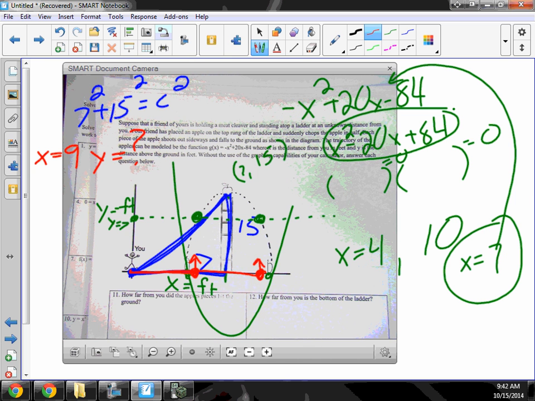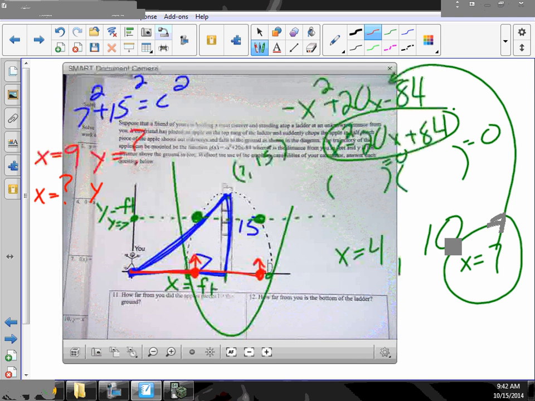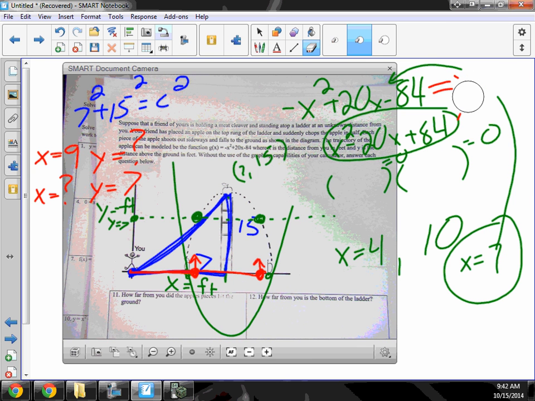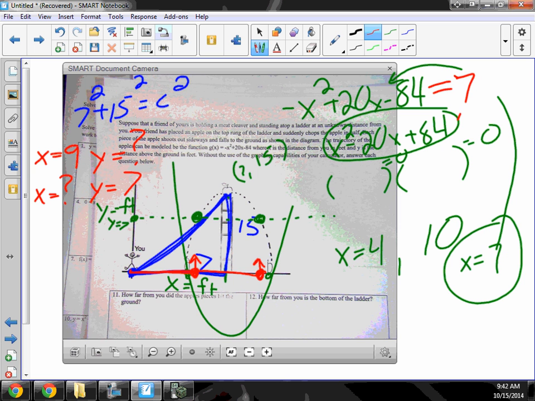What if I flipped it around and I said, what does x equal when y equals 7? So I go back to my original equation and I write it equals y, and instead of y, I would put 7. How would you solve that?